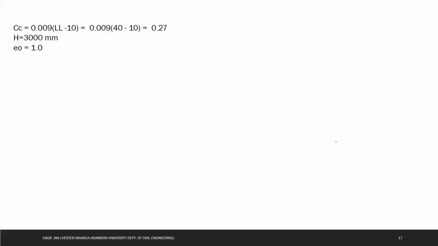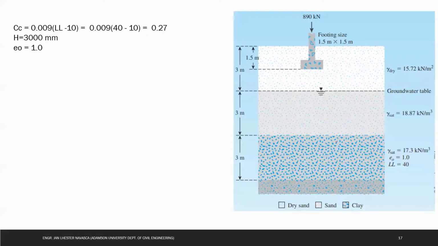So 0.009 times 40 minus 10, we have 0.27. Again, H is equal to 3,000 millimeter, e sub 0 is equal to 1.0. So the in situ void ratio is 1.0.